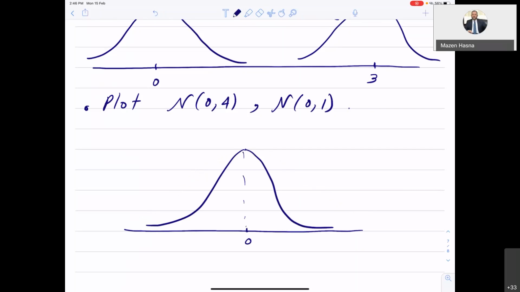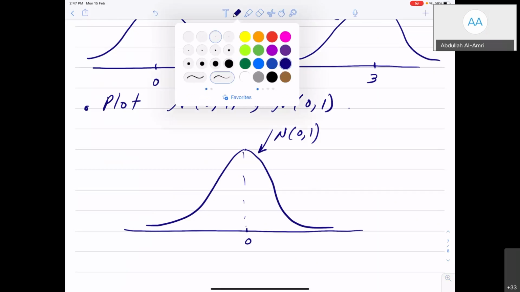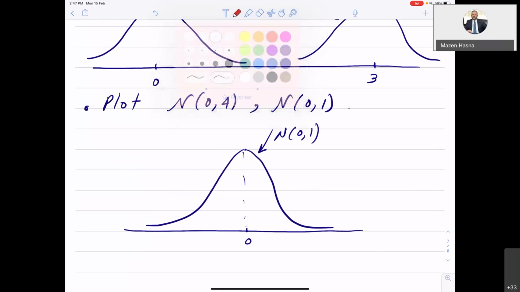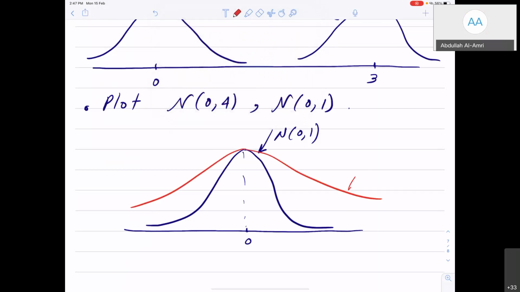If I tell you this is the normal of 0 and 1, how does the other one look? Same center, but bigger width. Bigger width, right? So is this right? What do you think? I think it's right. It is right.